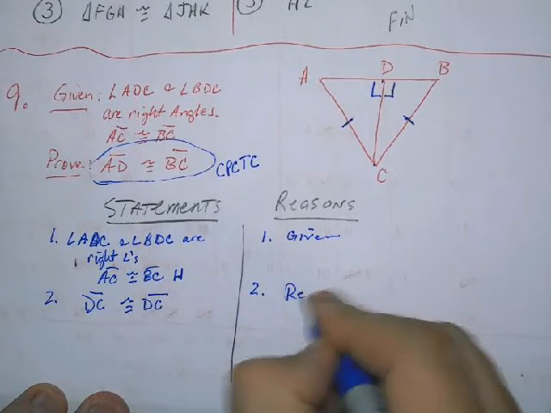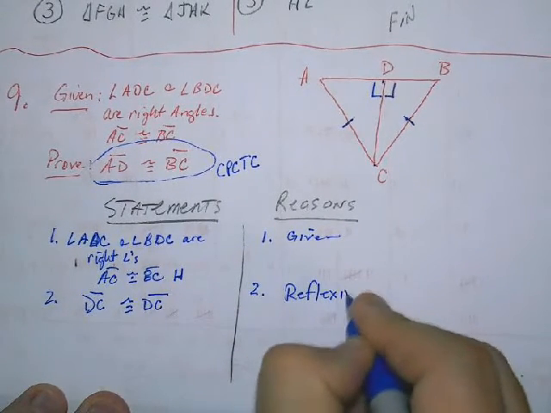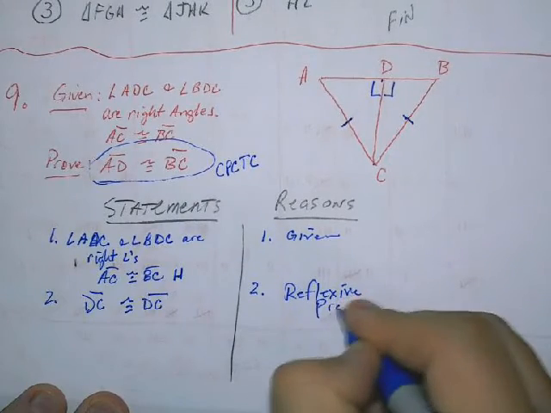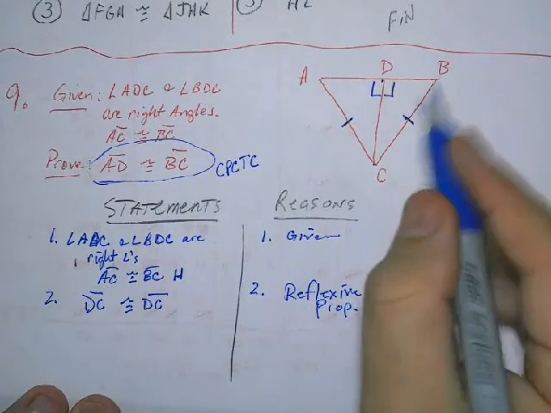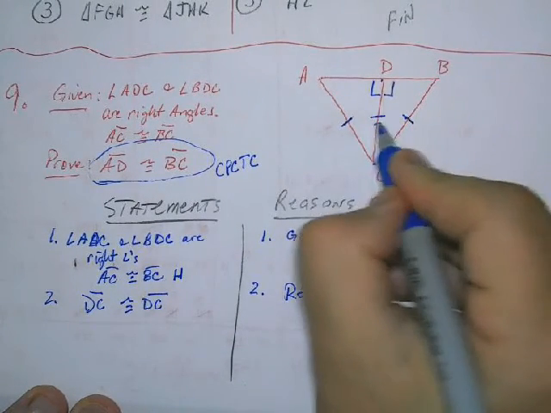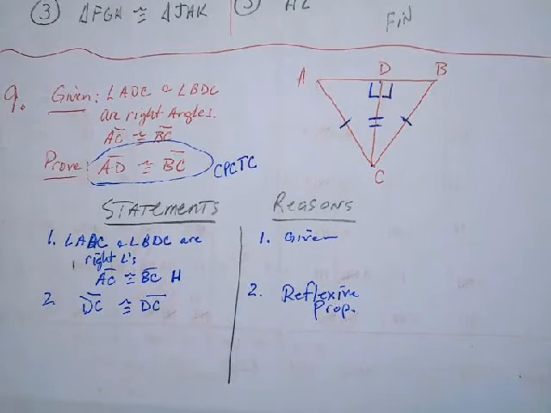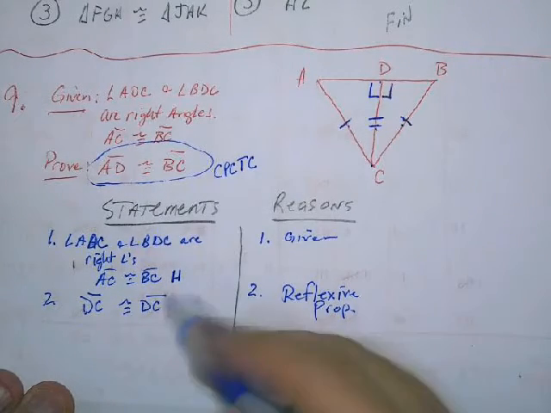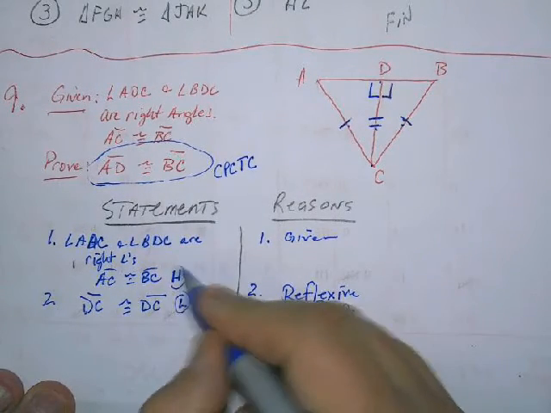And that would be the reflexive property. And so now we've got an H and an H, an L and an L. We're going to go ahead and put the L here and an H here.